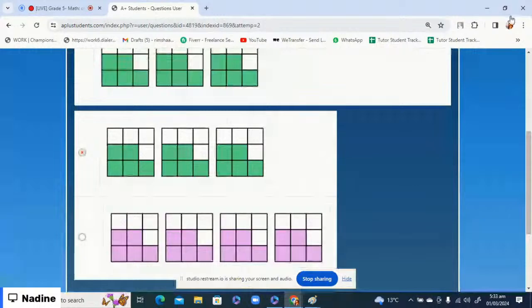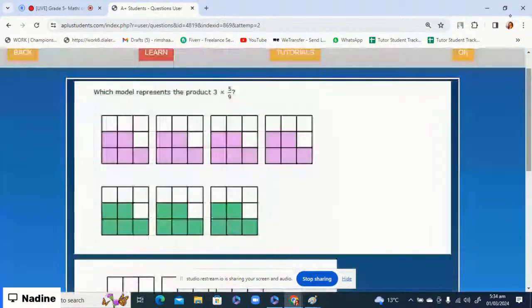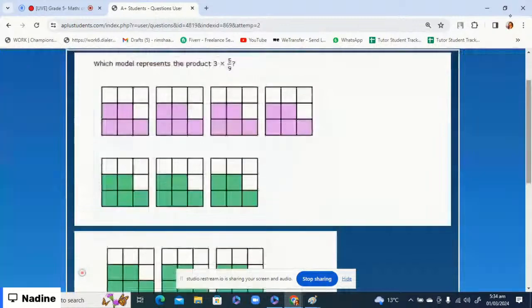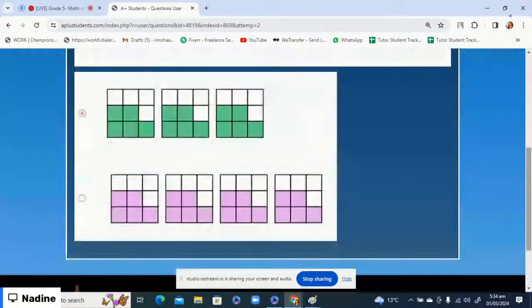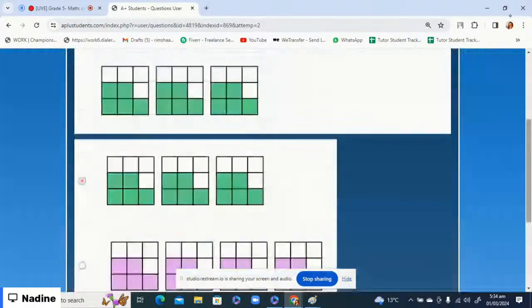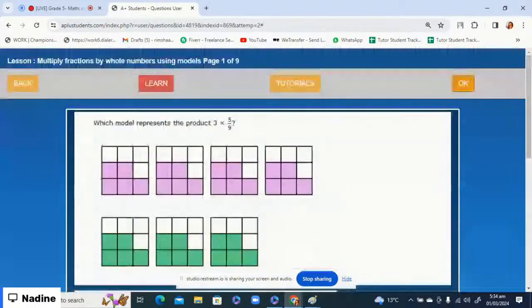How many total small boxes in each? 1, 2, 3, 4, 5, 6, 7, 8, 9. And how many colored? 1, 2, 3, 4, 5. 5 is colored, 9 is the total number of boxes, and 3 is the total number of squares here. Okay, so this option is the right one. Let's click that. This is right.